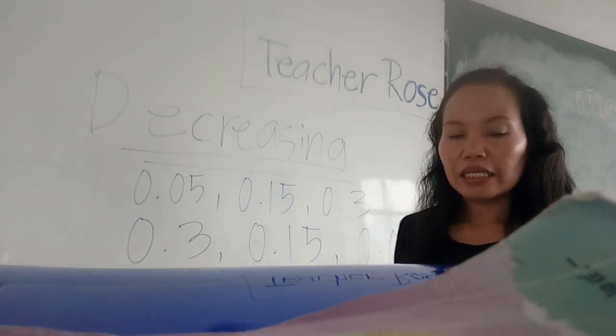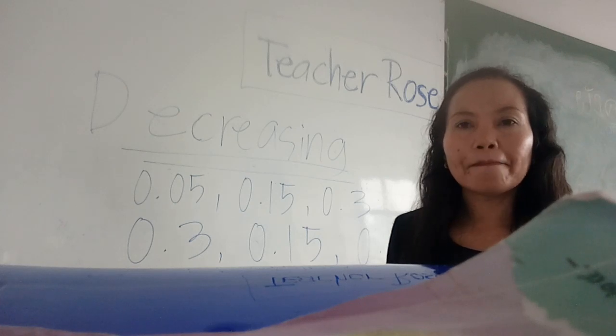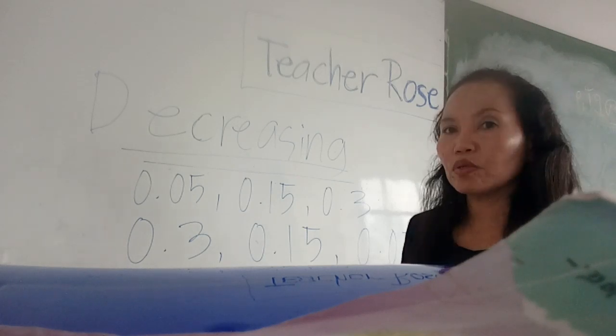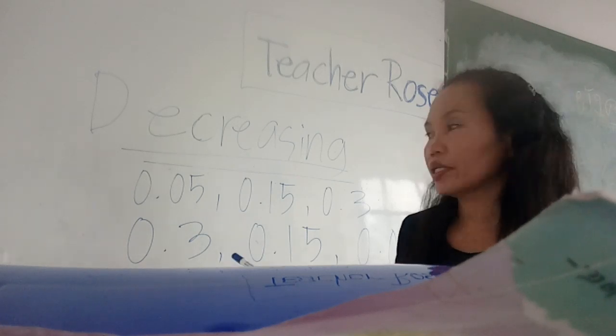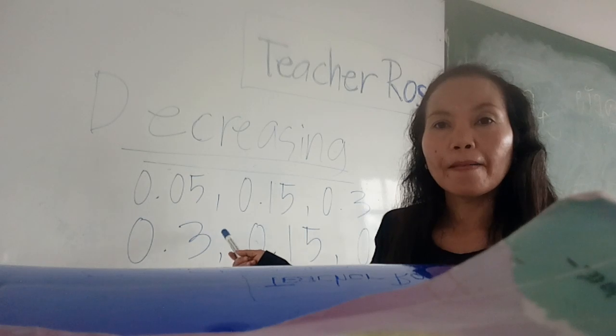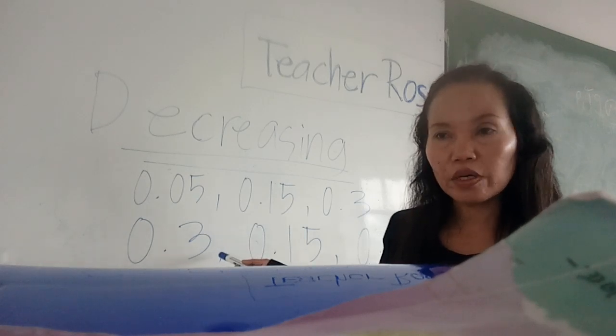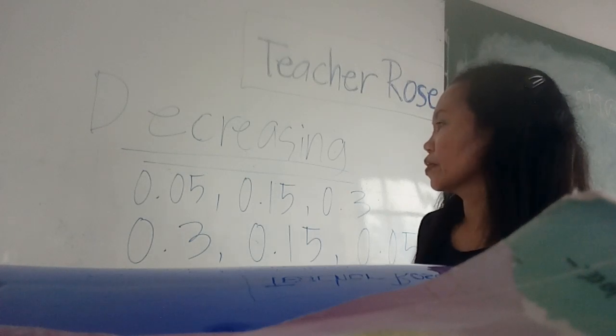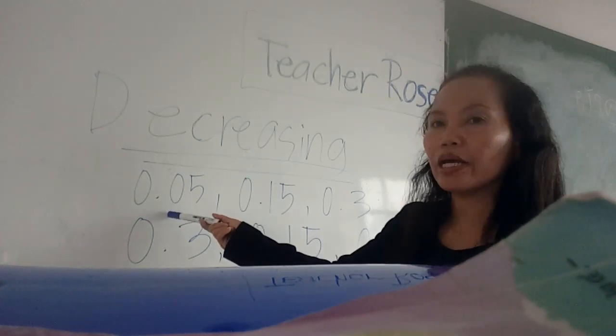Remember, class, in identifying the biggest and smallest number in decimal numbers, we have to be very particular of the number after the decimal point. Okay? Eyes here on the board. Example here.